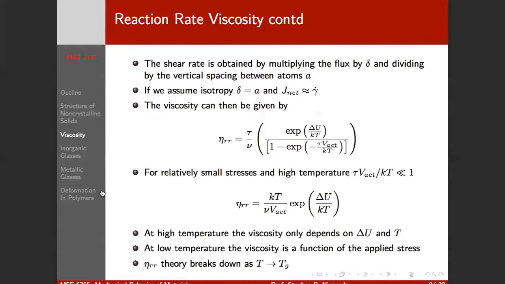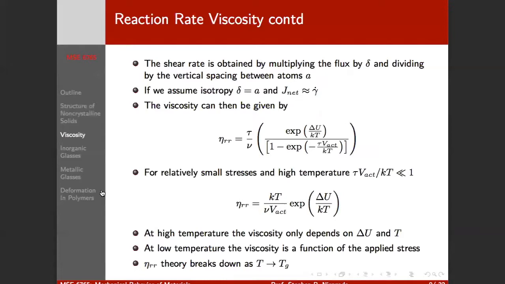And in that case, our viscosity is just basically the inverse, right? It's going to be proportional to the inverse, but the shear stress out front, our jump frequency, and we have a simple thermodynamic derivation for what our viscosity should look like.